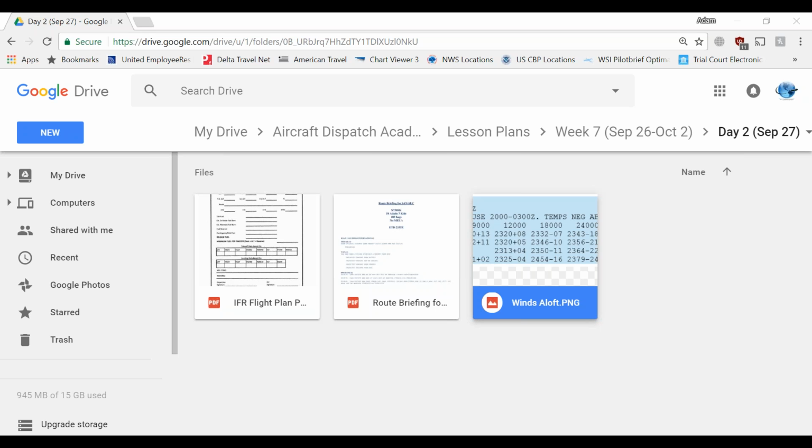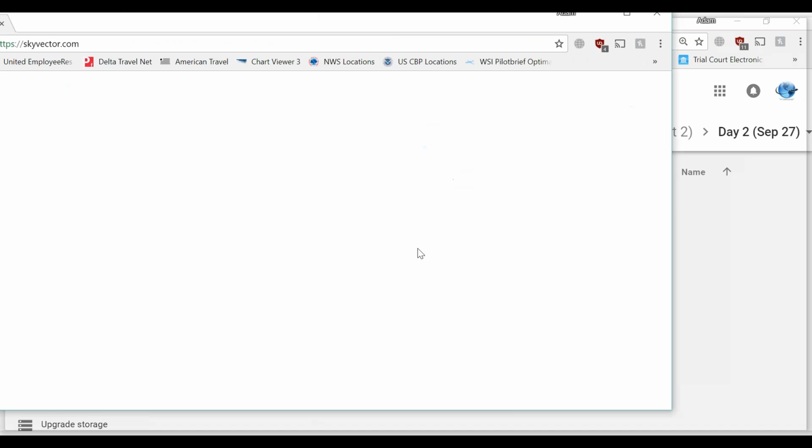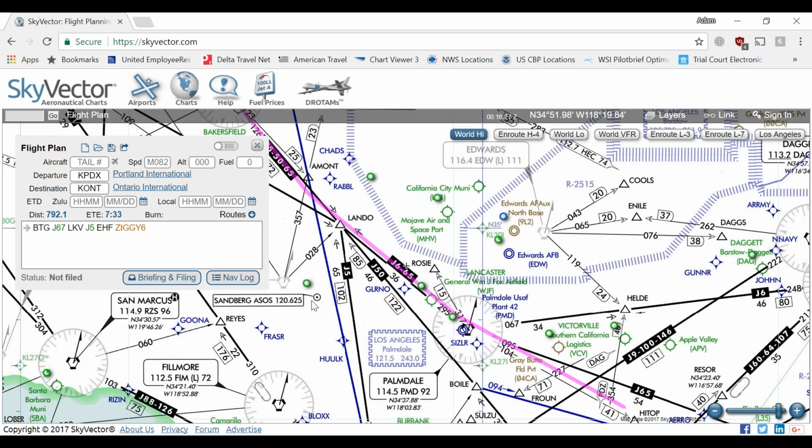Okay, so the route that I got on this, I'm going to move this over here. That's the route that I ended up using. It would have been Portland. So there wasn't a SID that really worked.